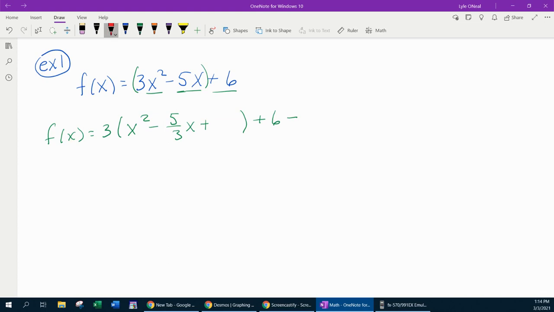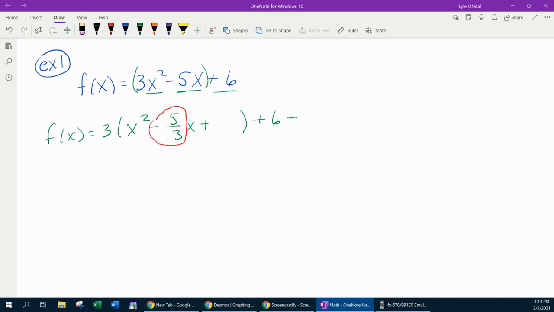Now, let's complete the square. The process of completing the square says that you take half of the value of b. Taking half of a fraction, if you're thinking about just dividing by 2, that can be challenging also.